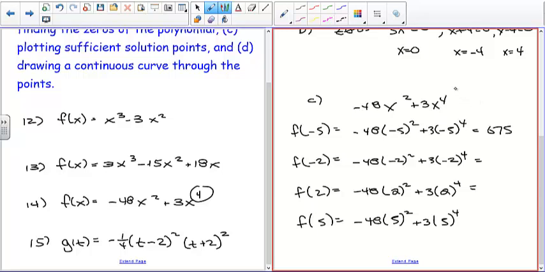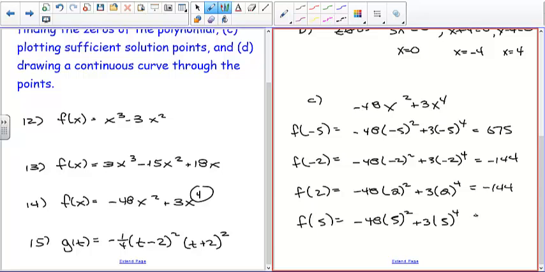Okay, so let's do the next one. Negative 48 times negative 2 squared plus 3 times negative 2 to the 4th power, negative 144. So this will be negative 144.